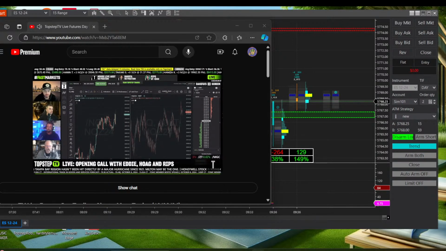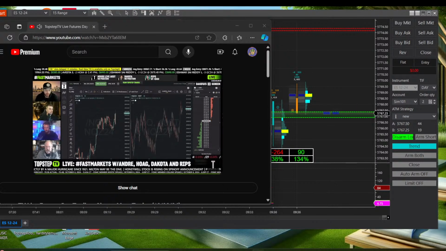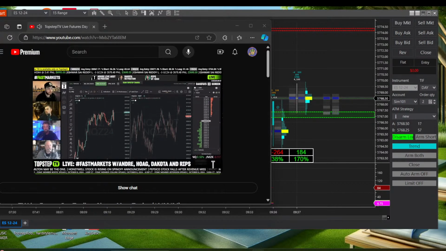NVIDIA couldn't even save the NASDAQ from looking to the downside. It's really interesting, as we saw that downgrade from Oppenheimer over last night's session on Microsoft, and we saw Microsoft pushing to the downside. That's the number 2 weight in the Nasdaq, and the Nasdaq was slightly unaffected by that, pushing to the north side in the overnight session.